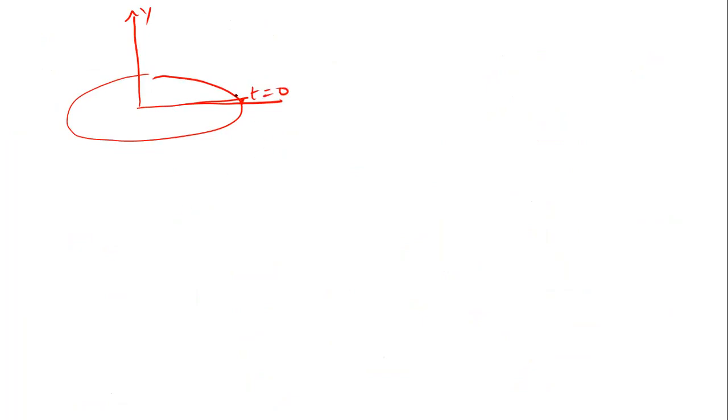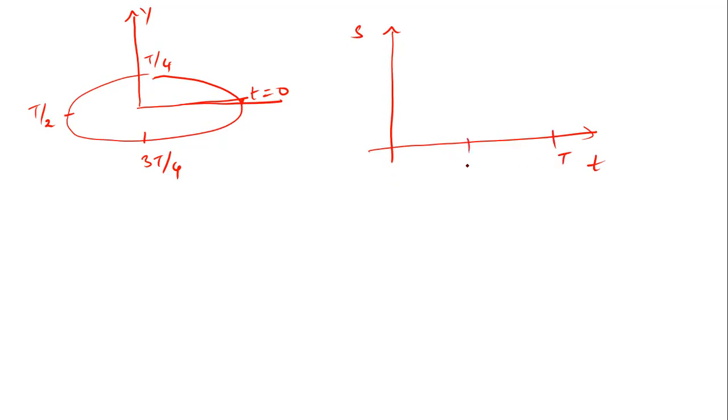Now the particle starts from here, and as it goes, it arrives at this point at a time T by 4, at this point at a time T by 2, and this point at a time 3T by 4, and I have to graph these events as distance versus time. So at t equal to 0, it is here. Now this is T, this is T by 2, this is 3T by 4, and this is T by 4.